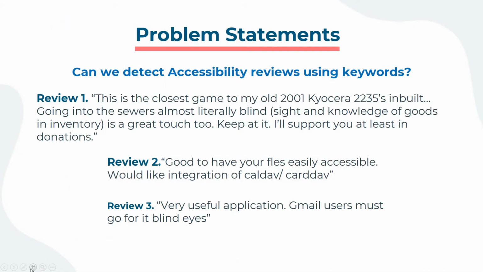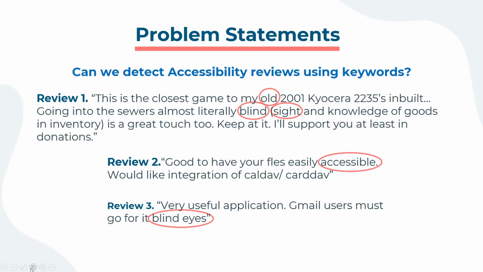Would detecting accessibility reviews be feasible using keywords? Let's take some examples. If we look at the three examples here, we would find keywords that are typically associated with accessibility, such as blind, sight, accessible, or blind eyes.